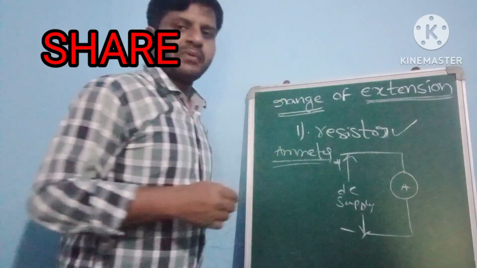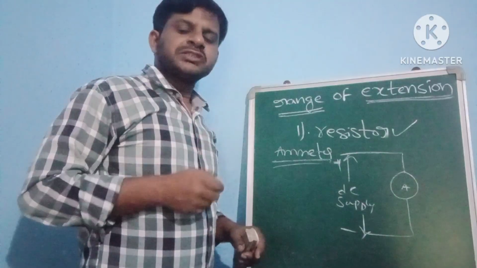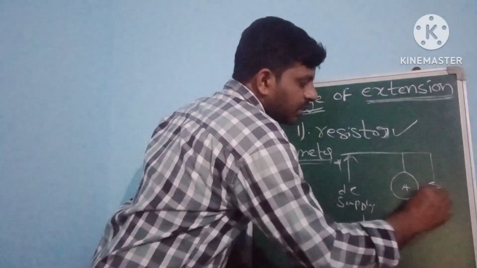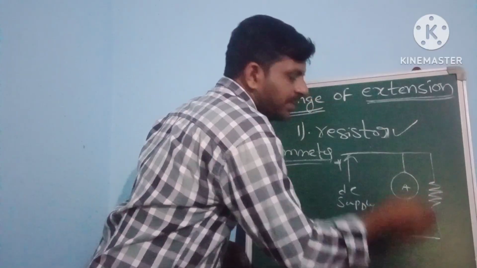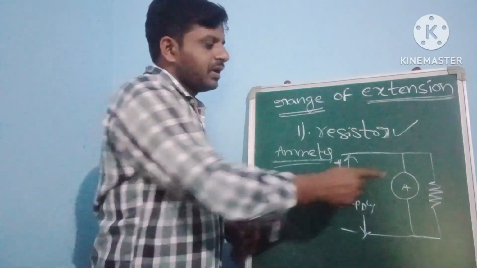If you want to increase the range of the ammeter, we must connect a resistor across the two terminals of the ammeter, then only we can increase the current range of the ammeter.